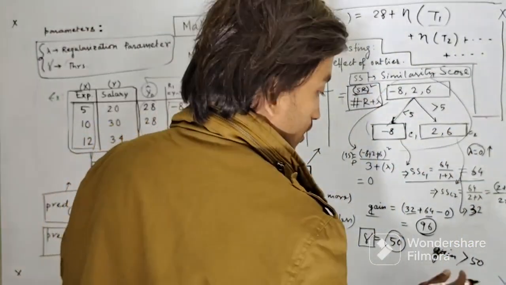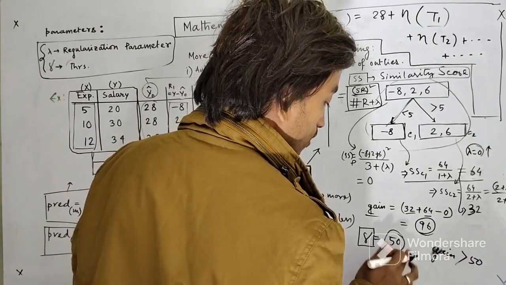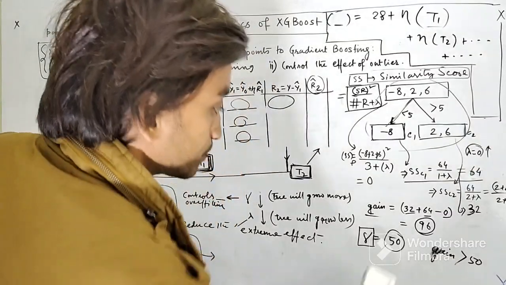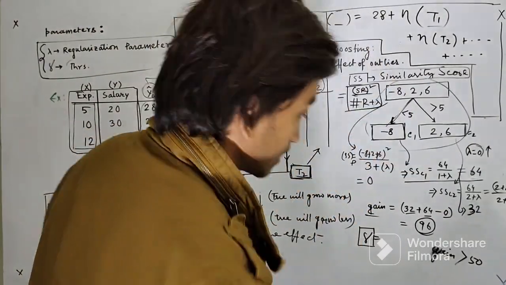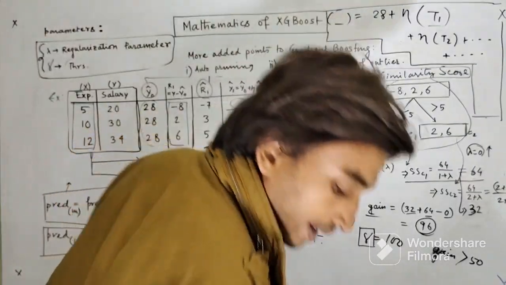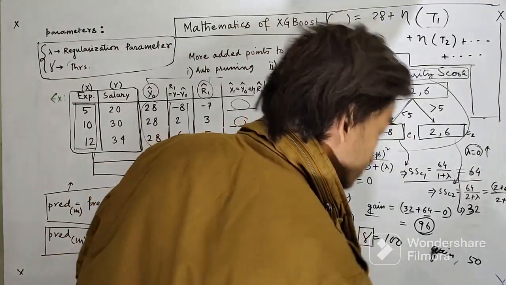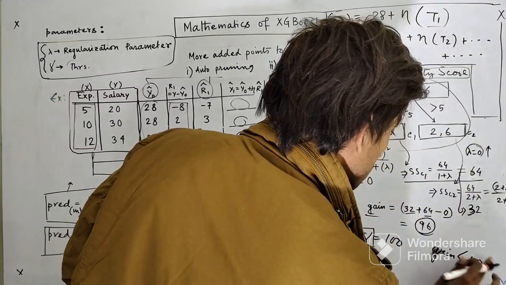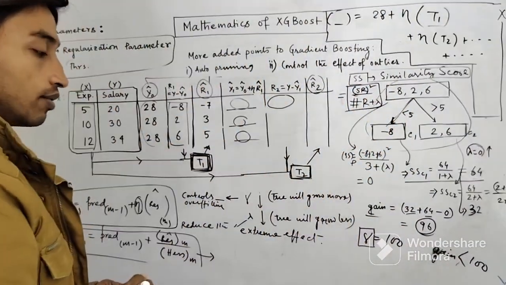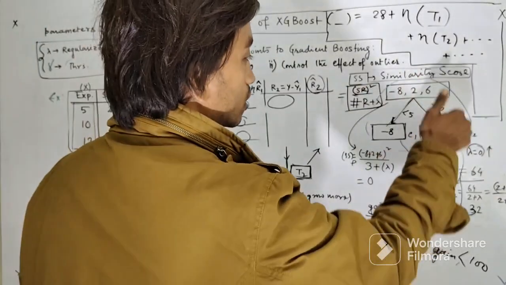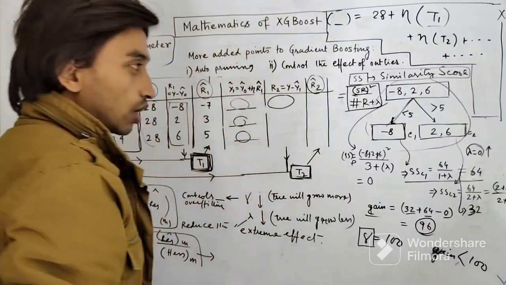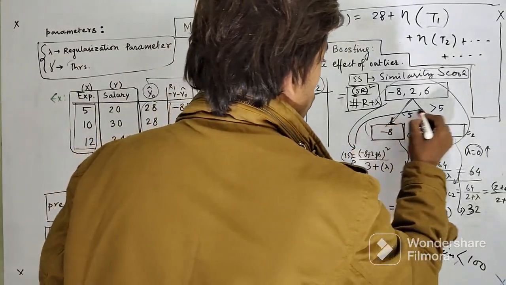Let us suppose you have taken gamma as 100. Now this gain is less than this gamma. Then what will happen? We will not bifurcate, we will not go for this split, so we will prune these branches.